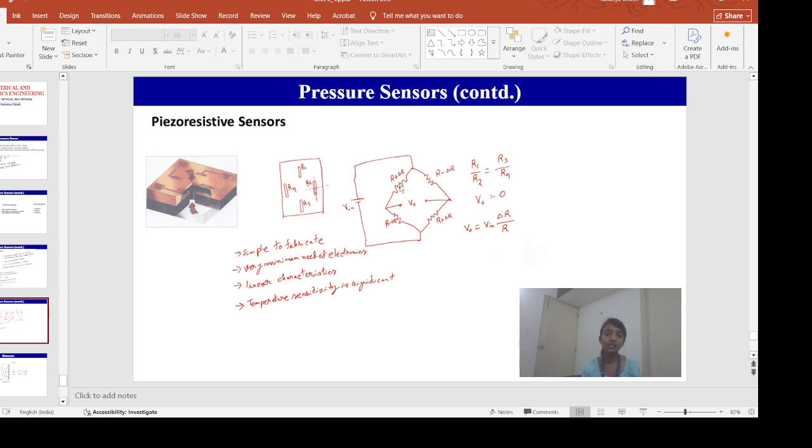In that case, the system is in such an arrangement that if there is delR increase in resistance here, then in this arm also delR amount of resistance is increased. This is due to the deformation that happened.